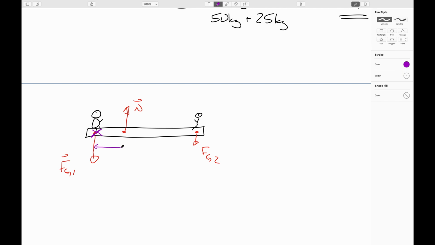Then that's going to make our R1 perpendicular equal to our L1, which we don't know. But now the lever arm for this force of gravity about this axis, our R2 perpendicular, is just the entire length of the teeter-totter, which we already know to be 3 meters. So this will clean up the algebra quite a bit.